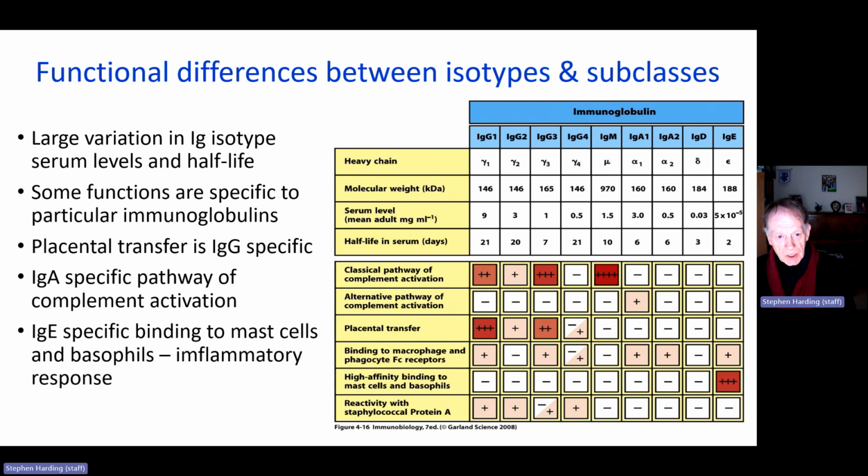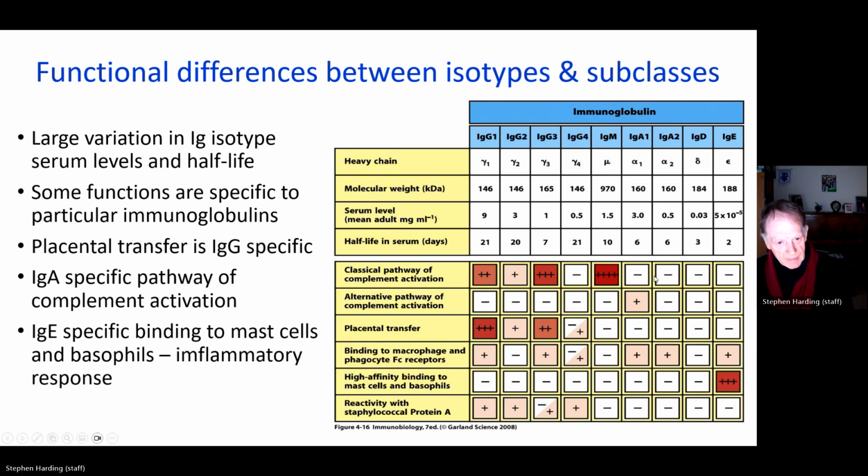And some functions are specific to particular immunoglobulins, and placental transfer is IgG specific. IgA, specific pathway of complement activation, again, which we talked about in the last lecture. And IgE has specific binding to mast cells and basophils, and is responsible for the inflammatory response.